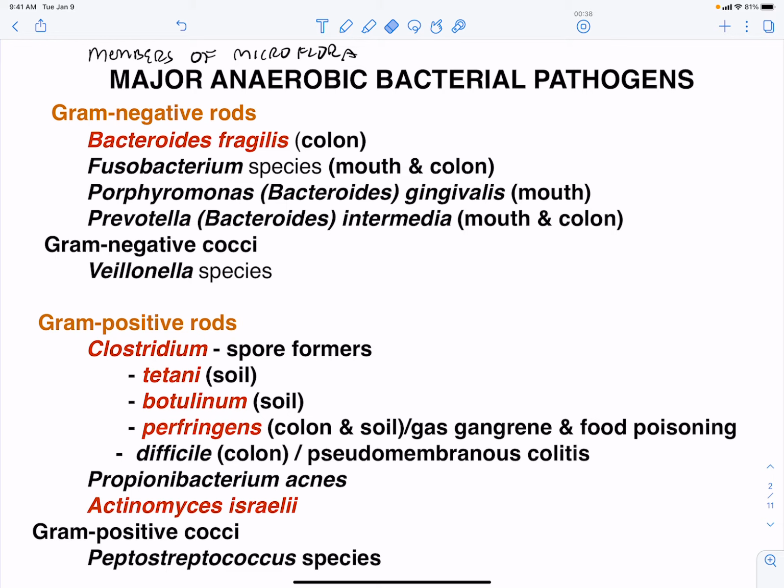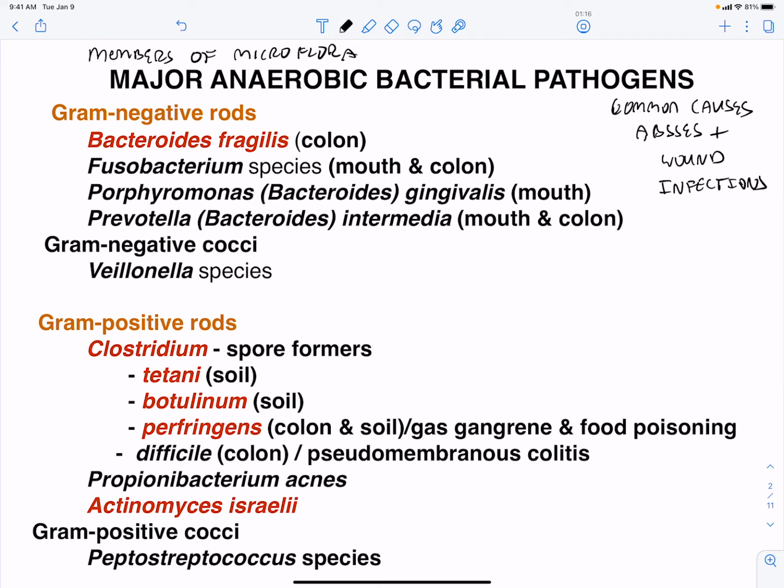They are going to be common causes of abscesses and wound infections. This is when they are going to get entry into the tissues, and then this can lead to entry into the blood, and then you can get dissemination to other parts of the body.